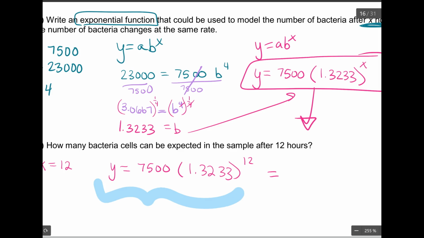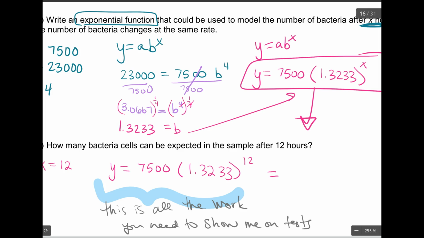This is the perfect amount of work for when you have a calculator. This is all the work you need to show me on tests, when I say show your work, because this is a calculator problem.